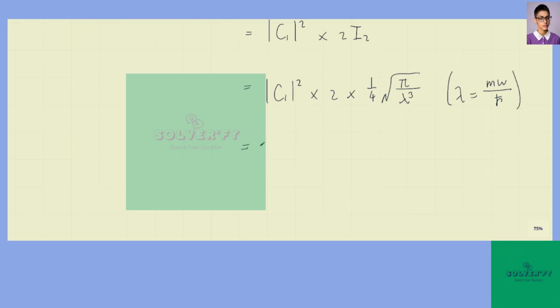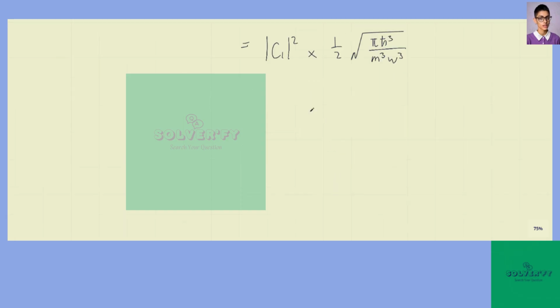And so this becomes c1 squared times a half times the square root of pi h bar cubed over m cubed omega cubed.